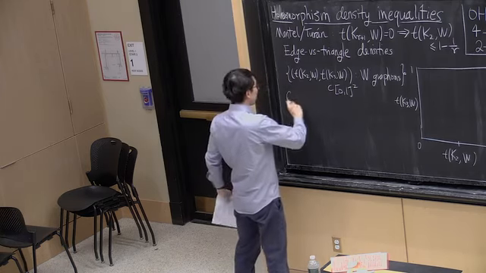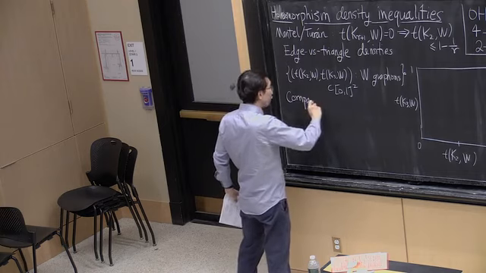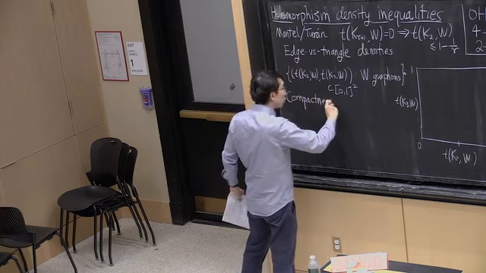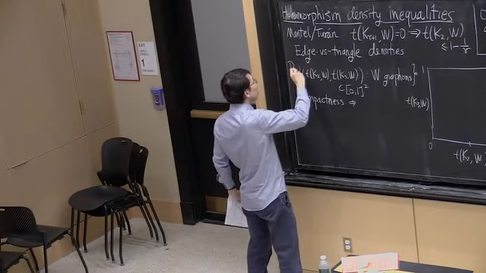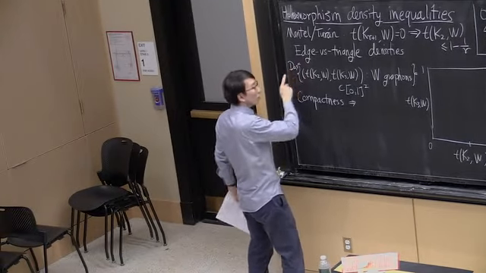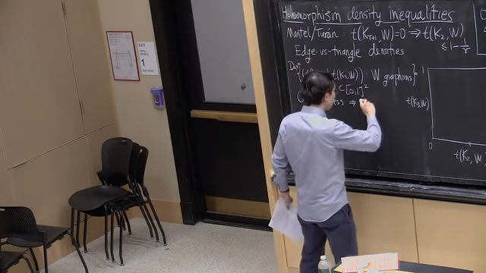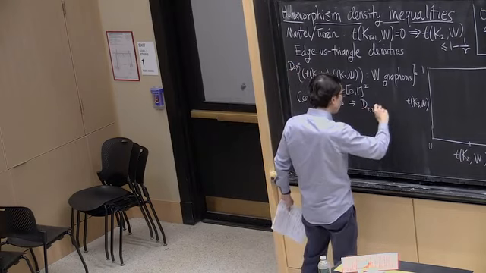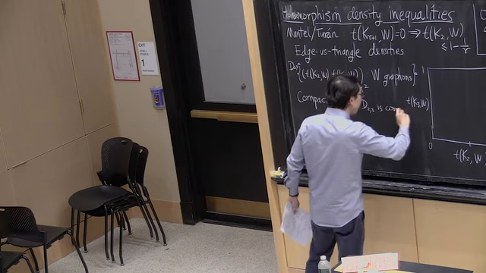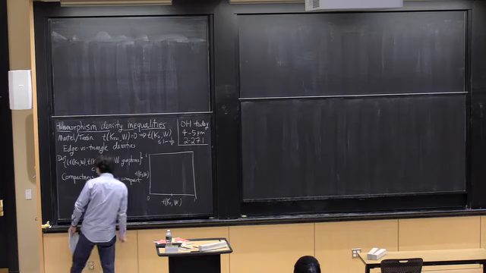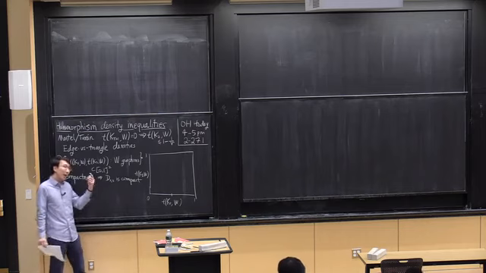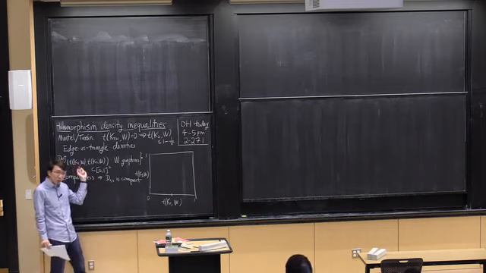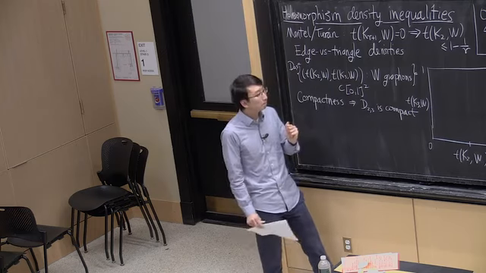The compactness of the space of graph functions tells us that this region is compact. Let me call this region D23, for edge versus triangle. D23 is compact because the space of graph functions is compact under the cut metric, and densities are continuous under cut distance.